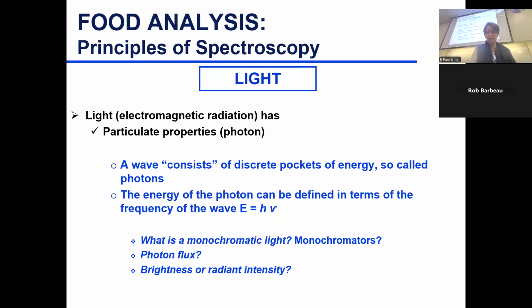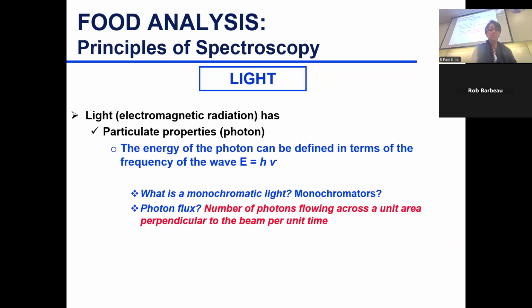Photon flux. So that means the number of photons flowing across a unit area perpendicular to the beam. So this is a unit area.